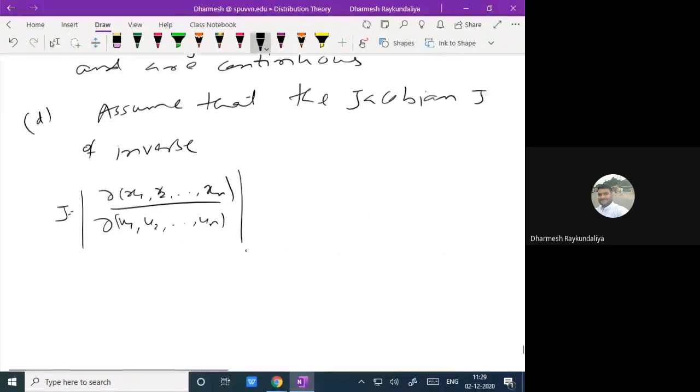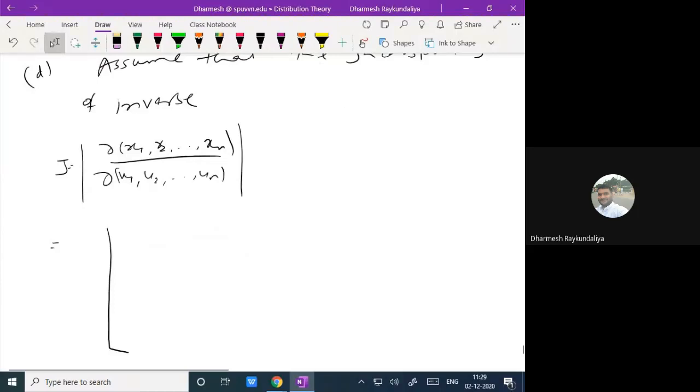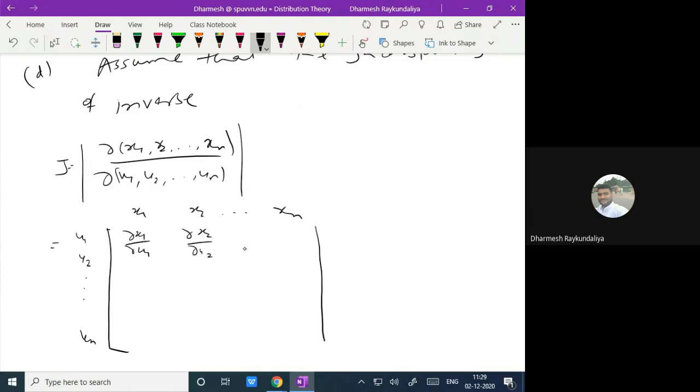That you can obtain by this, your partial derivatives. Okay, it is u1, u2, un and x1, x2, xn. So you have to just take the derivative of x1 with respect to u1, x2 with respect to u2, xn with respect to un.